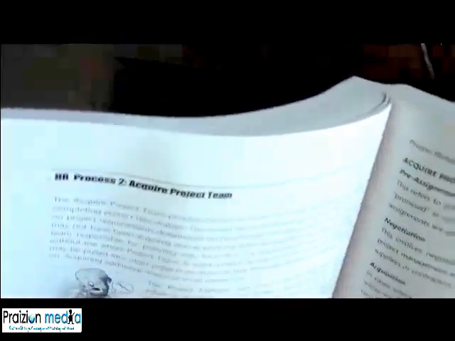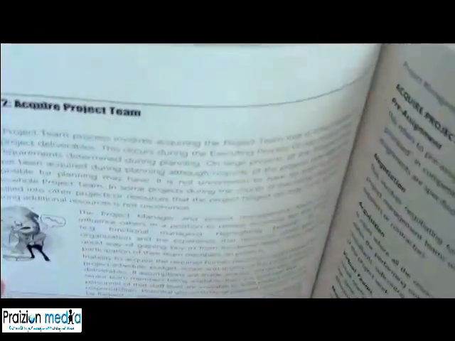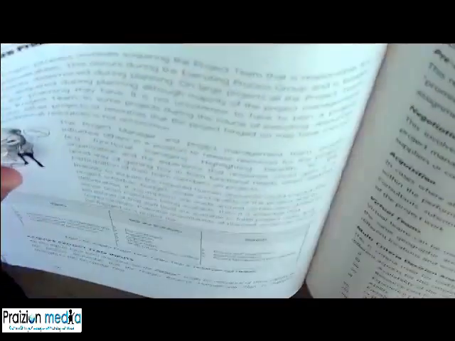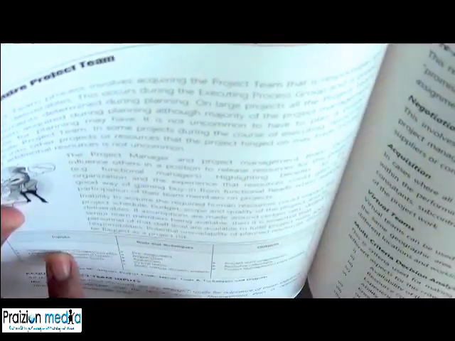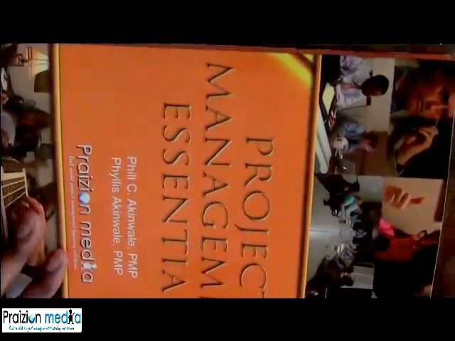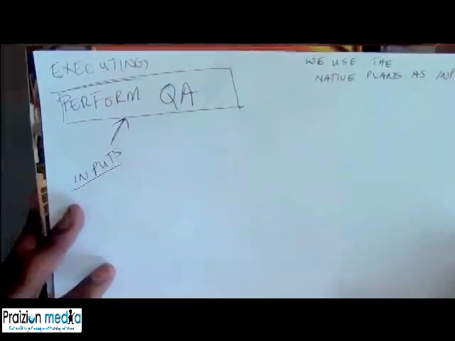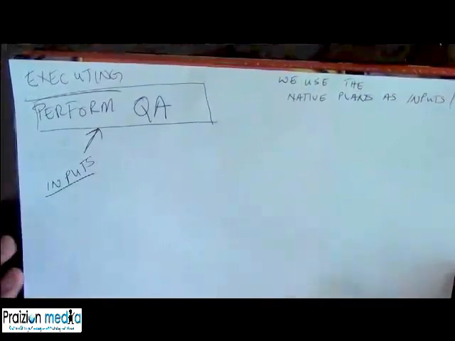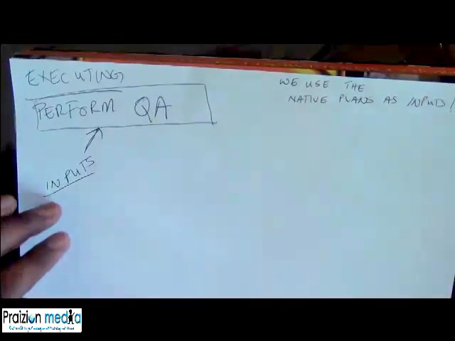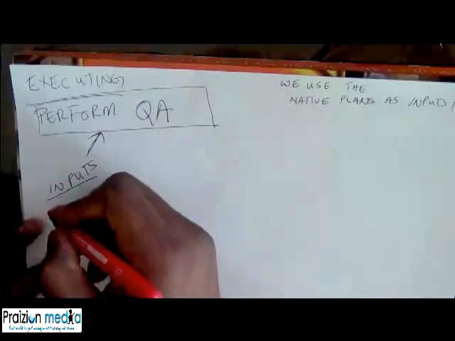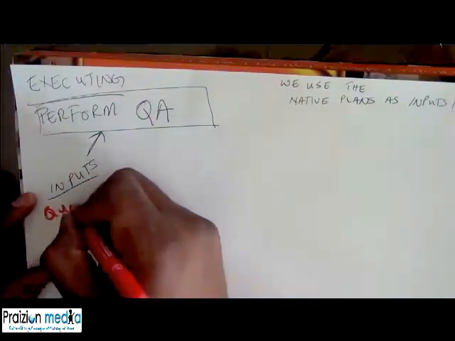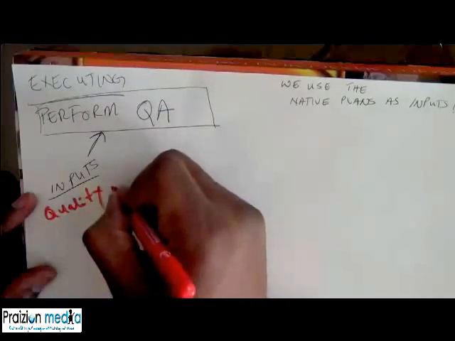You probably can't see it very well, but over here we have Human Resource Management Plan, not Project Management Plan as an input. So I'm showing you this to make you more sensitive to the fact that in executing you use the native plans as inputs. The native plan for Perform Quality Assurance is the Quality Management Plan.